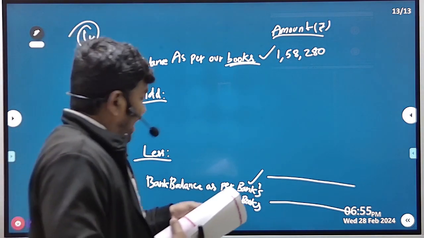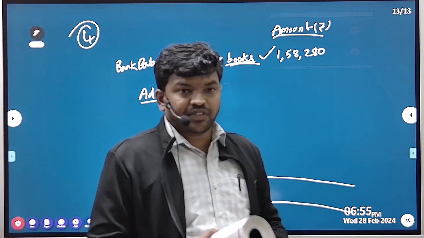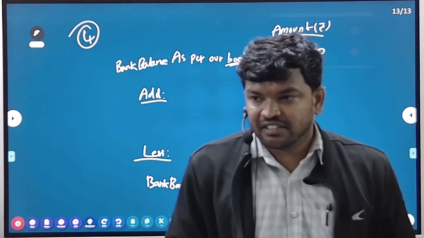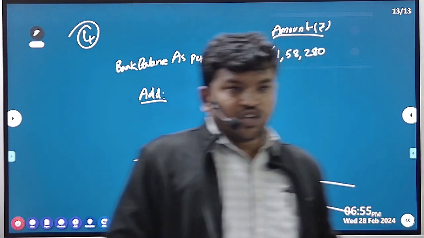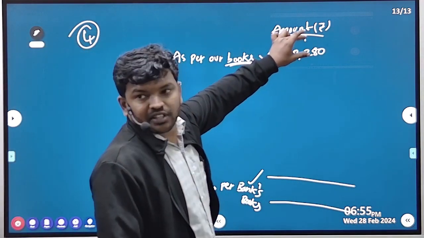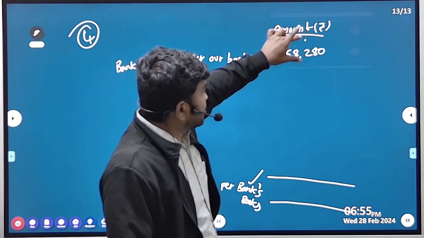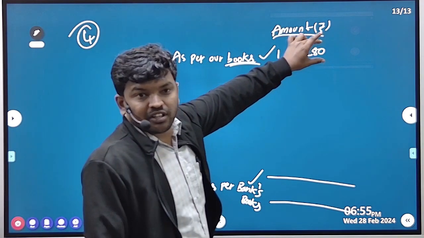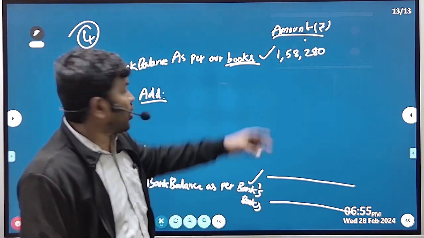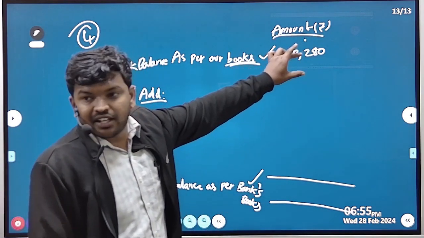Indirectly what we have done, our bank balance is more, but as per bank it is less. Yes or no? So this figure is more. This figure is more by how much amount? 30,000. So to arrive at bank's balance, you have to reduce this figure by 30,000.